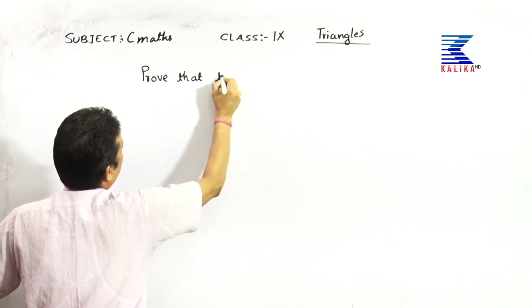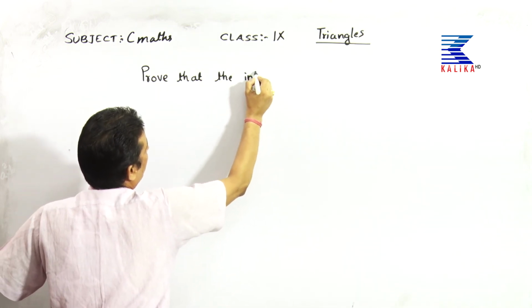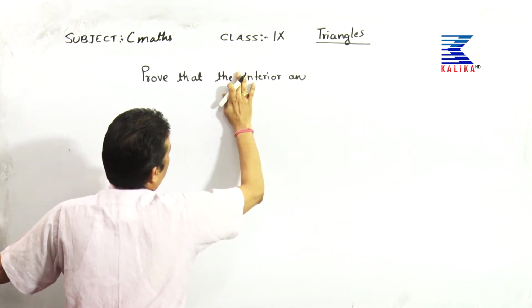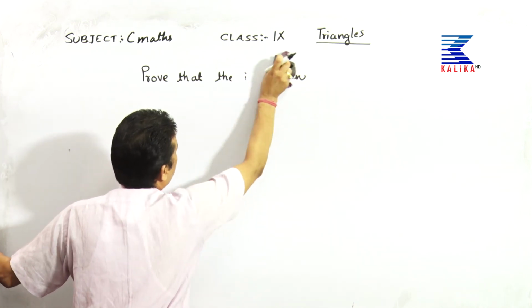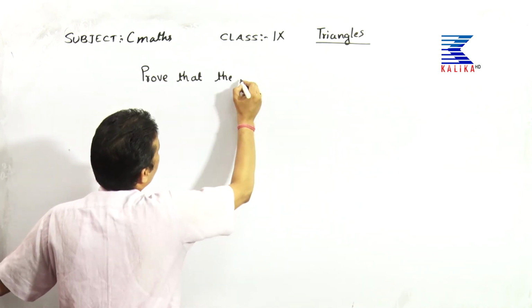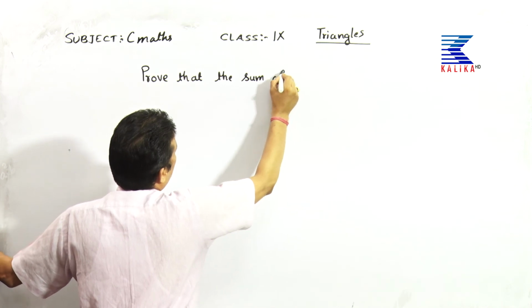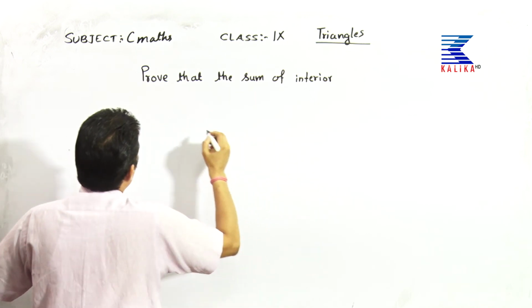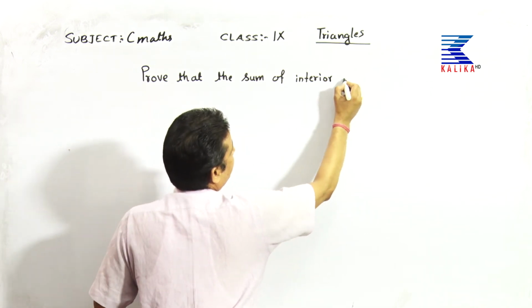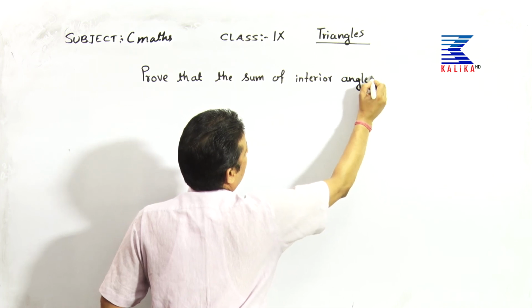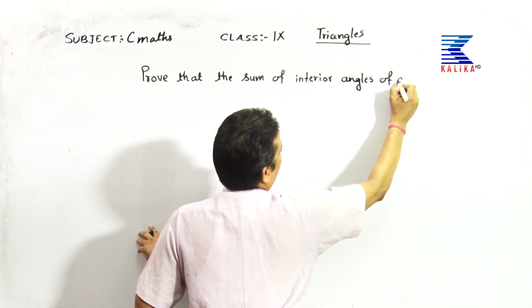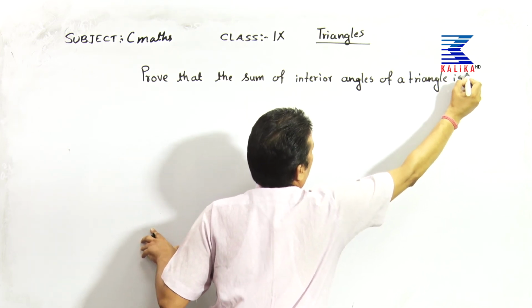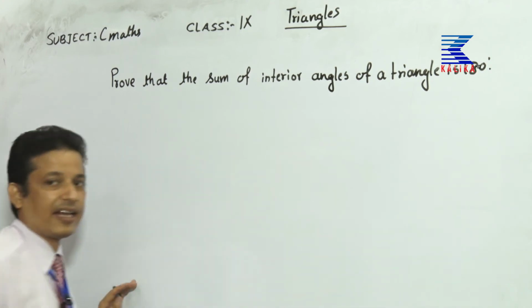Prove that the sum of interior angles of a triangle is 180 degree.